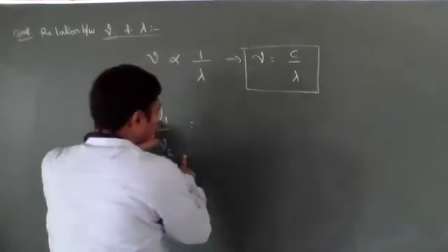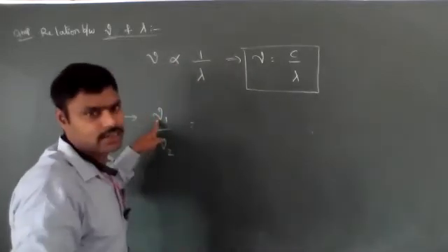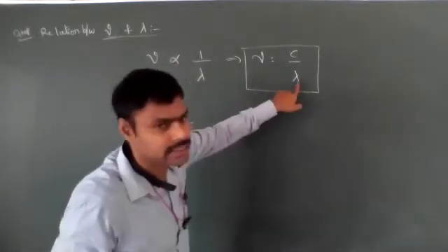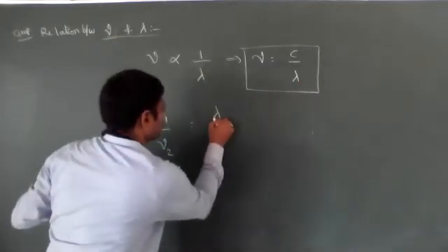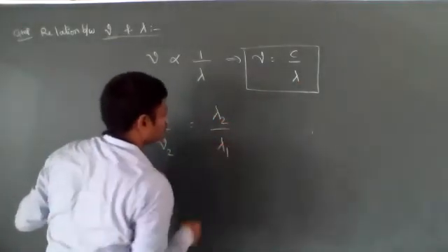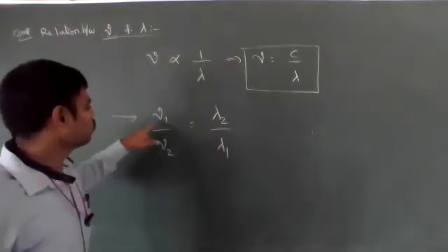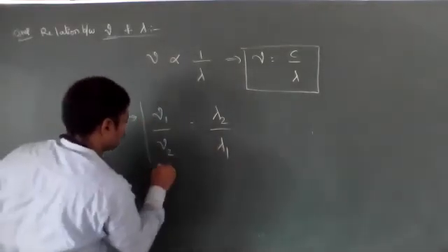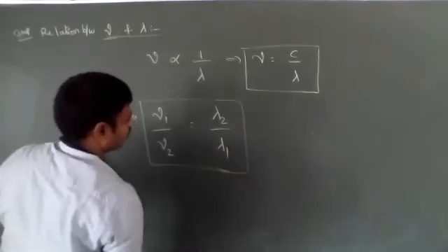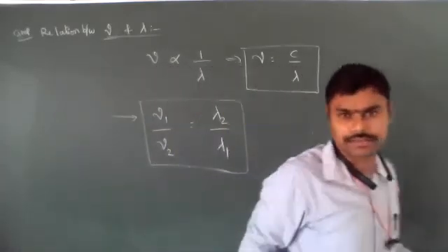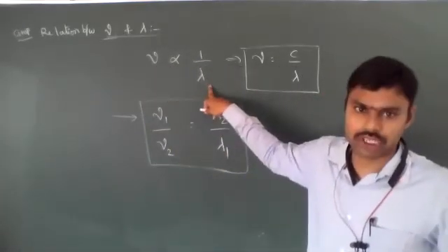Then the first radiation's frequency is more, and automatically its wavelength is less. That's why nu1 by nu2 is equal to lambda 2 by lambda 1, because nu is inversely proportional to lambda.